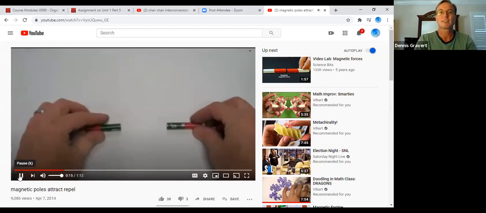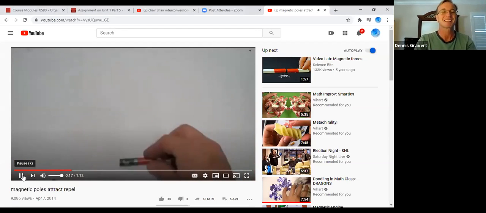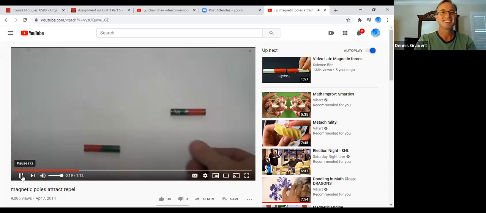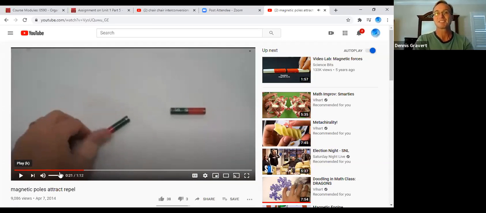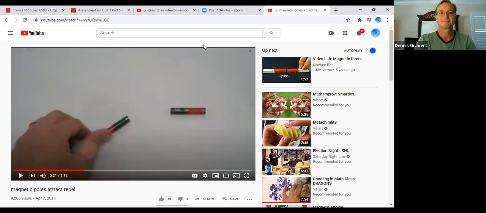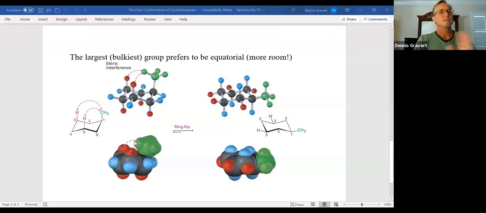So that's a big push. Look how far away these electrons are. They are going to repel each other even though they don't touch. So that's a nice visual. Think about what the electrons are doing when they are axial. So avoid the axial interactions.